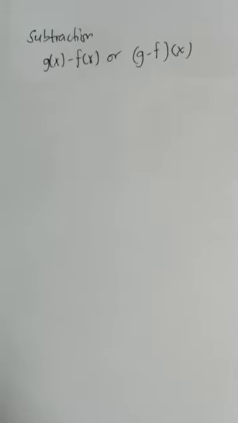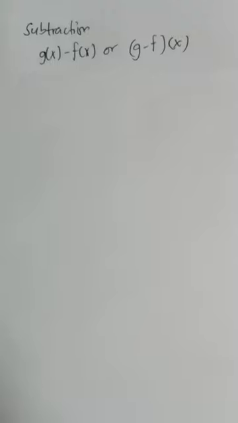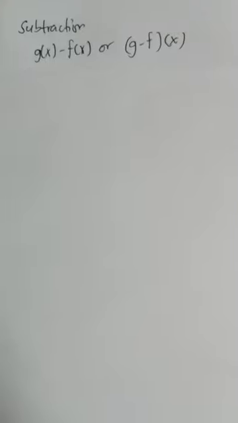And then let's proceed to the subtraction. So the form of the subtraction is g of x minus f of x. It depends sa given, or what is asked in subtraction. So here we are asked to find g of x minus f of x, or g minus f of x.